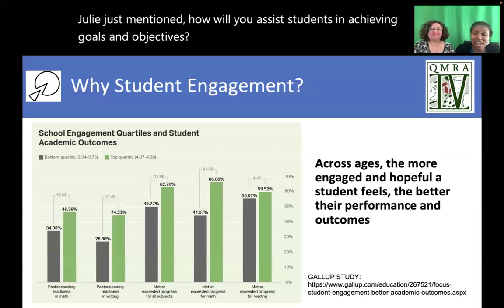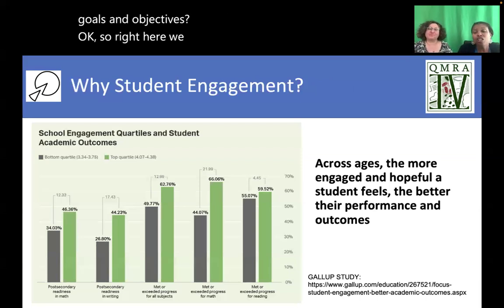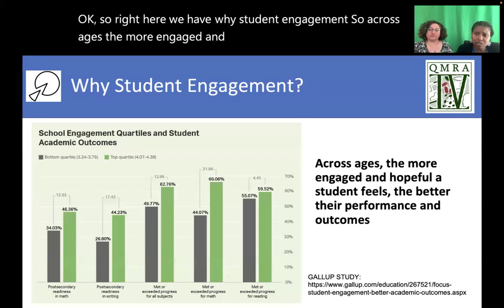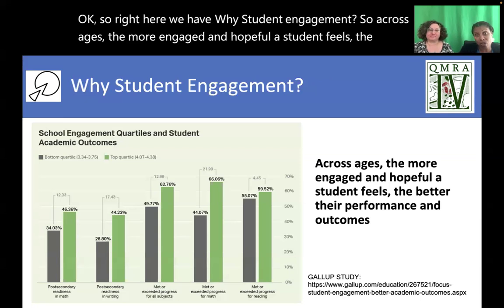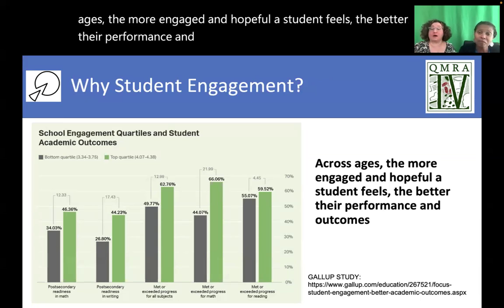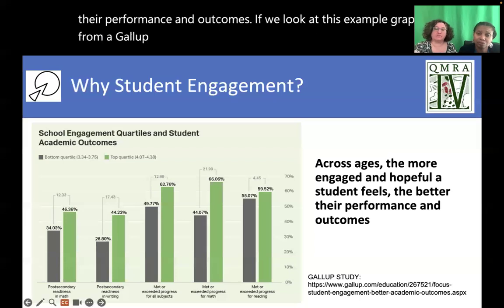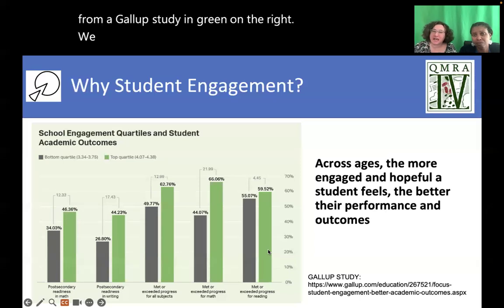Okay, so right here we have why student engagement. Across ages, the more engaged and hopeful a student feels, the better their performance and outcomes. If we look at this example graph from a Gallup study, in green on the right we have the most engaged, the most hopeful students.